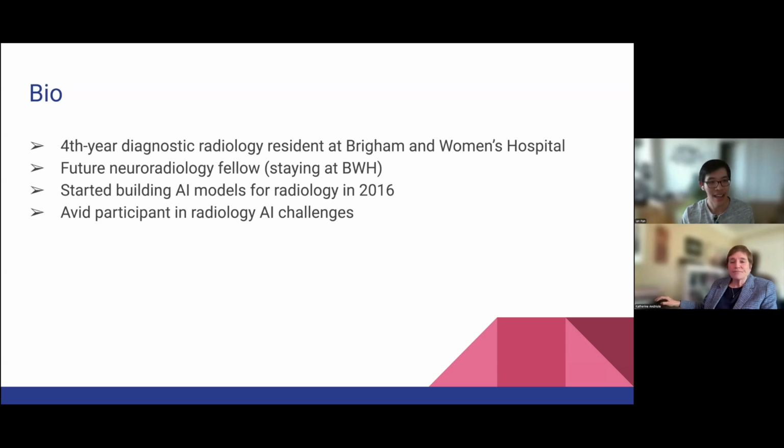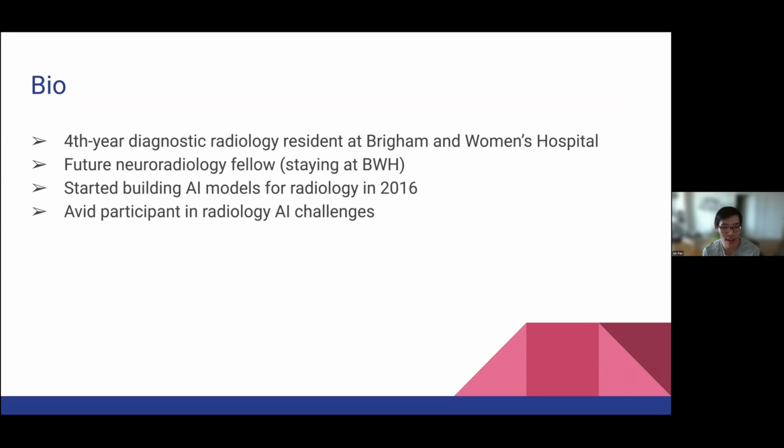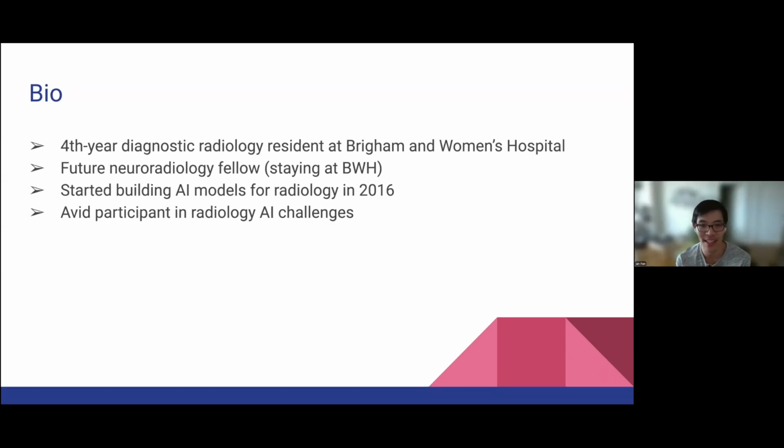So as mentioned, I'm currently a fourth year radiology resident at Brigham. This is my last year, but I'll be staying on for another year of neuroradiology fellowship. And I've been building AI models for medical imaging specifically for about 10 years now, coming up on 10 years, which seems crazy. And then I like to participate in these radiology AI challenges, and that's really the focus of my talk today.